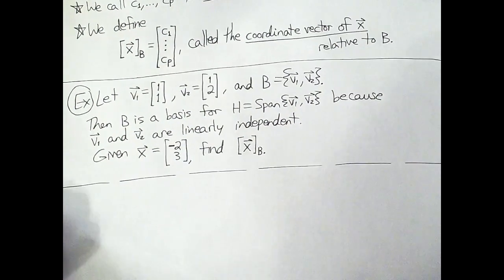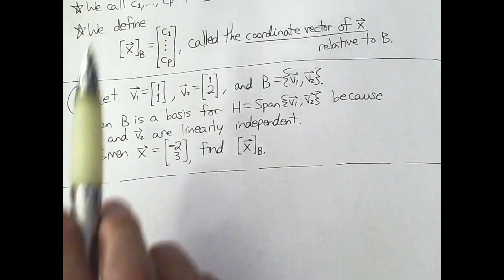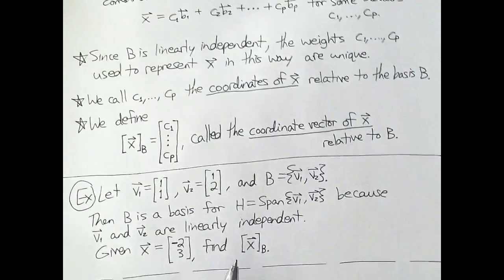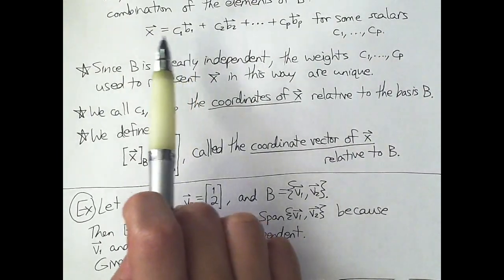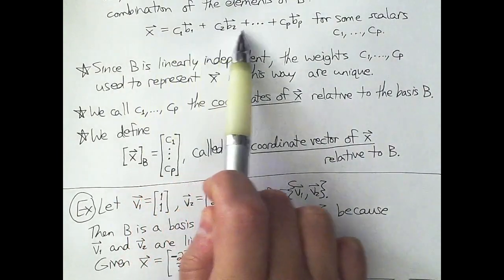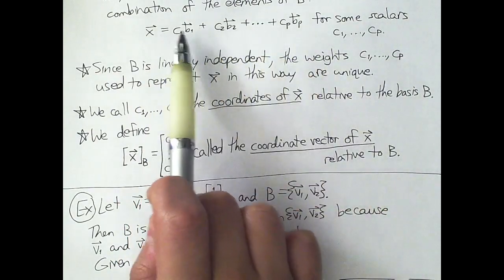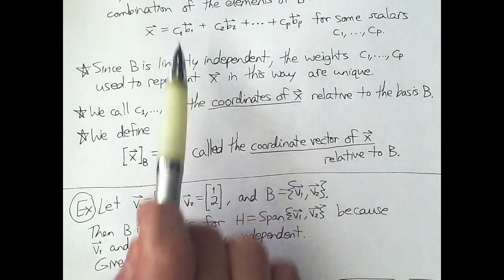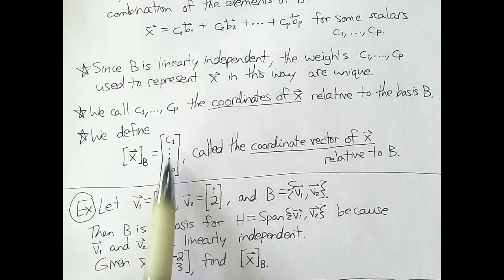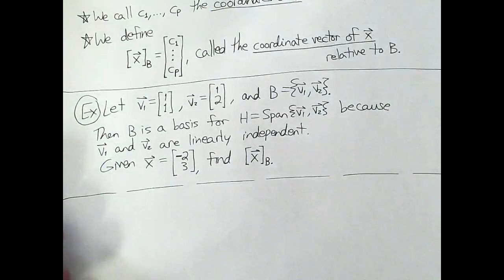Okay, so let's see what we can do. If you're not sure where to start, you say, this is all new, I don't know what to do here. Think about what we said above. I wrote x as a linear combination of the basis vectors. There's a c1, a c2, and those become the things that go in the coordinate vector.